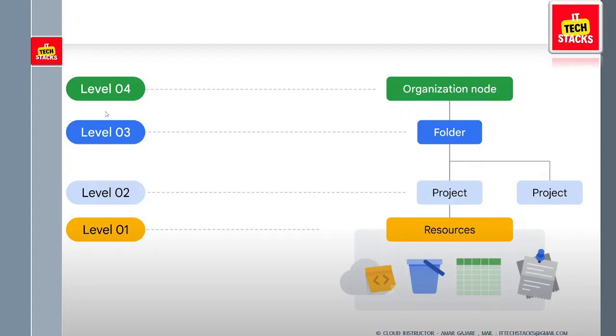These are the four levels of the Google Cloud hierarchy. At the first level are the resources. These represent your actual virtual machines, storage buckets, tables in BigQuery, or anything else in Google Cloud. Actual resources, what you are trying to use in Google Cloud.